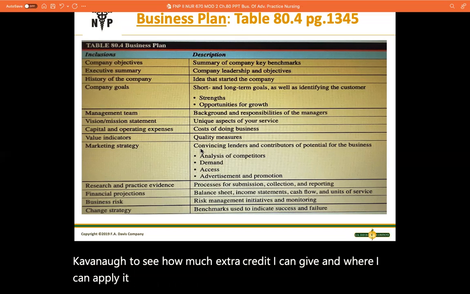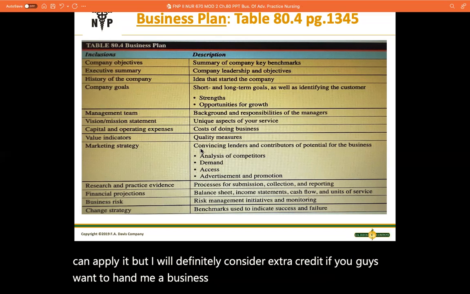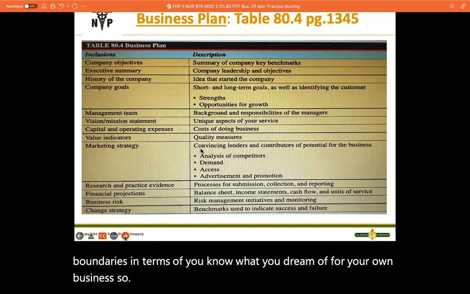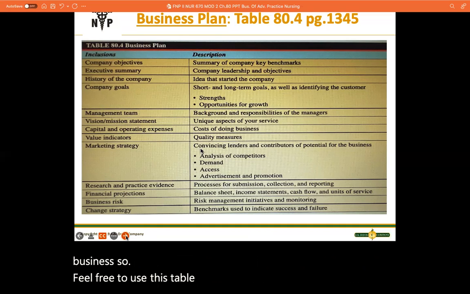But I will definitely consider extra credit if you guys want to hand me a business plan, kind of listed out like this table. Please be creative. The sky's the limit. There are no boundaries in terms of what you dream of for your own business. So feel free to use this table, and you can just email it to me if you want.